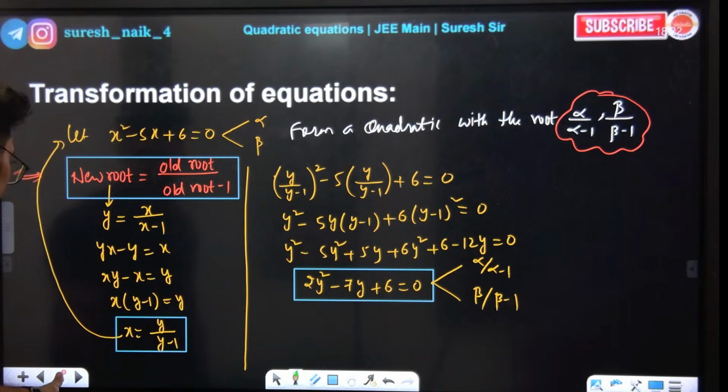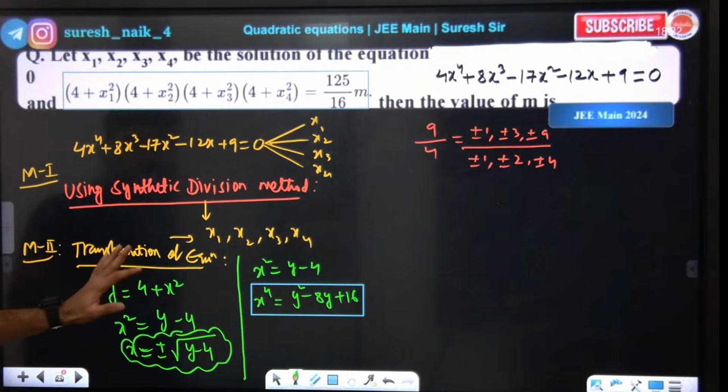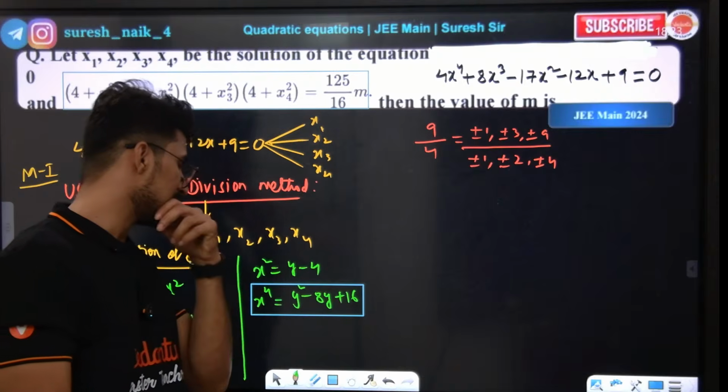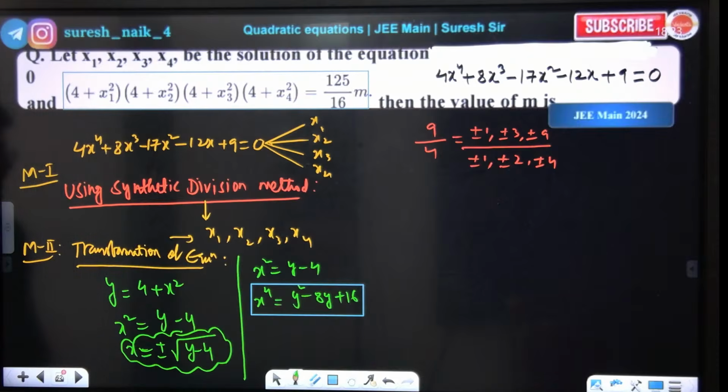Now look here, sir, they have given x to the power of 4 as y square minus 8y plus 16. Correct? Now should I take plus or minus? Minus 1 will satisfy. Yes Manivarthi, you can do it that way, no problem. But now what I am doing here, look carefully: we need basically the product of all these roots.